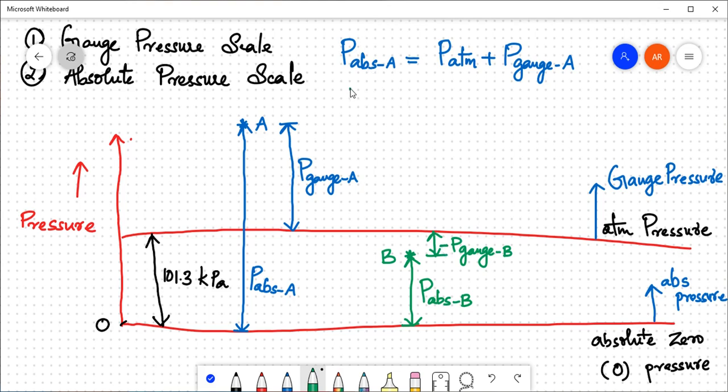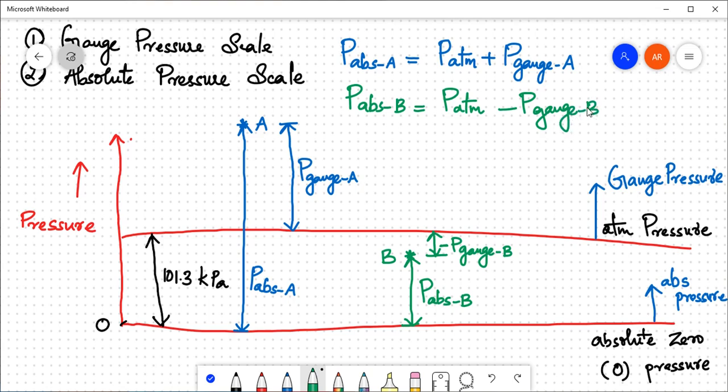So here we can write P absolute at point B is equal to P atmospheric minus P gauge at point B.